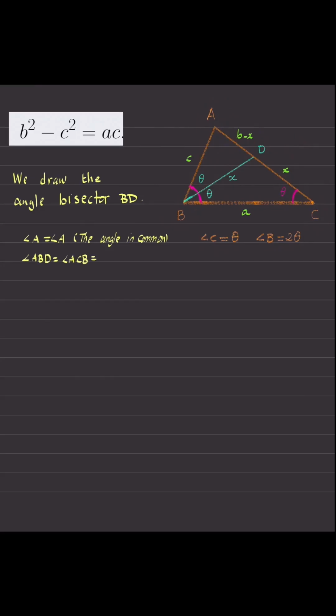Both of them are equal to theta. So from these two, by the angle theorem, we conclude that triangle ABD is similar to triangle ABC.